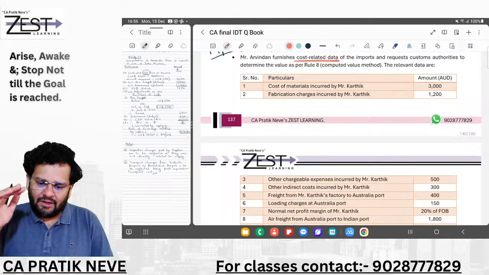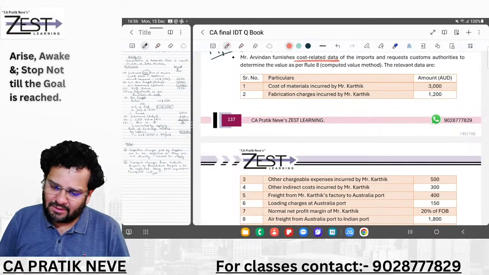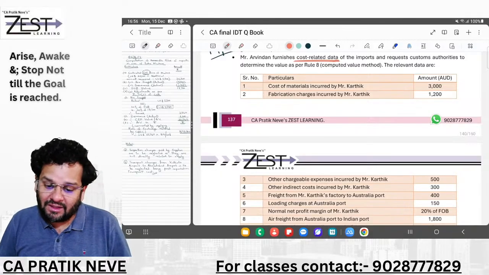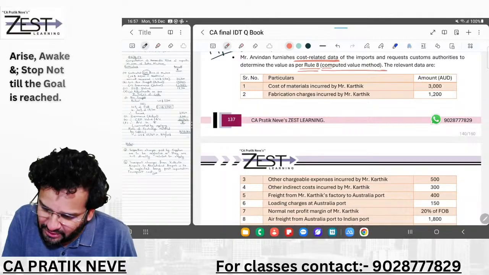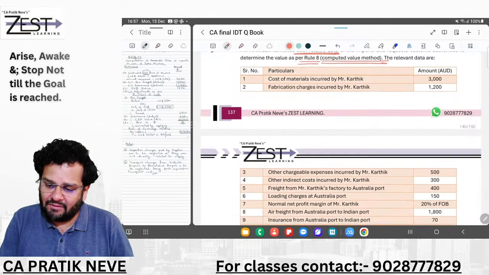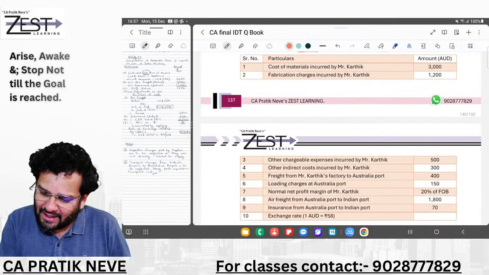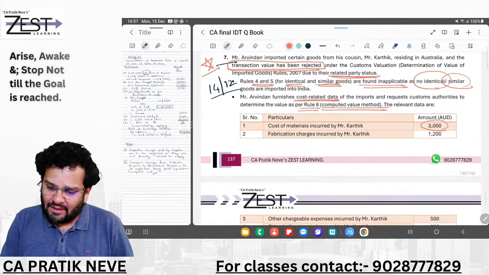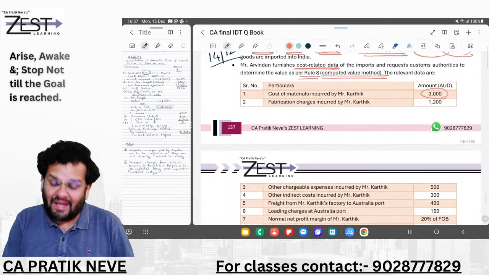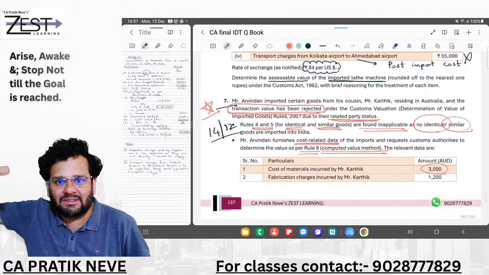So he furnishes cost related data of imports and requests customs authorities to determine the value as per Rule 8, which is the computed value method. Relevant data are cost of materials incurred by Karthik. Actually Karthik is the exporter and Arvindan sitting in India is the importer.